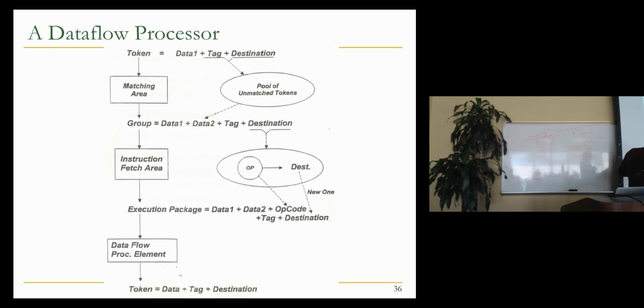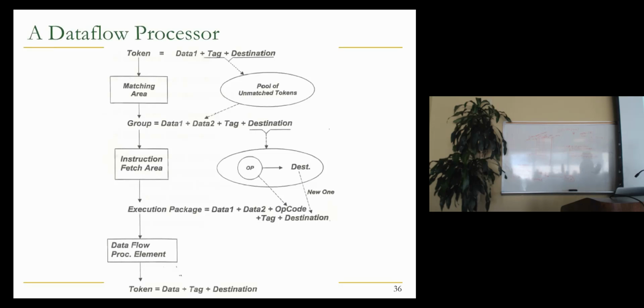The token gets circulated into what's called the matching area. You can think of these as the reservation stations. The token goes to this matching area. It's a big memory. Basically, there's a pool of unmatched tokens. And this token, using the tag and the destination, searches for a matching tag and destination.